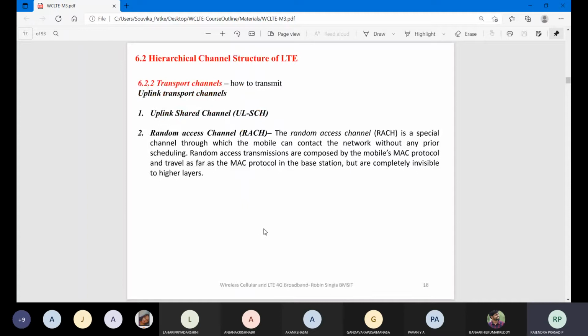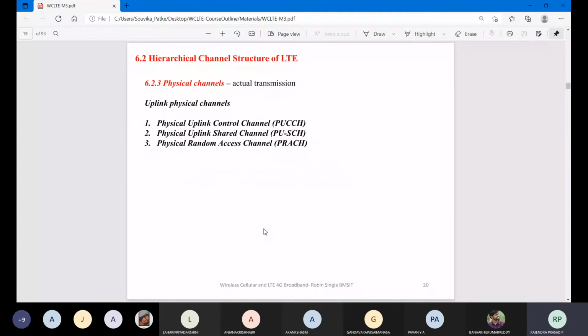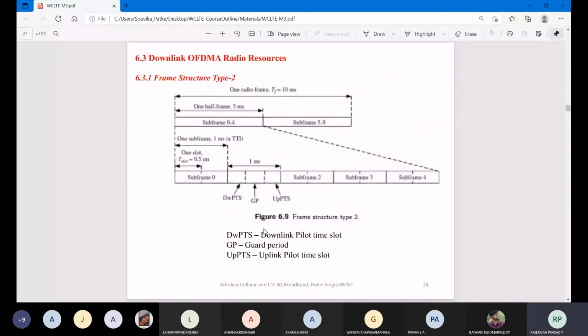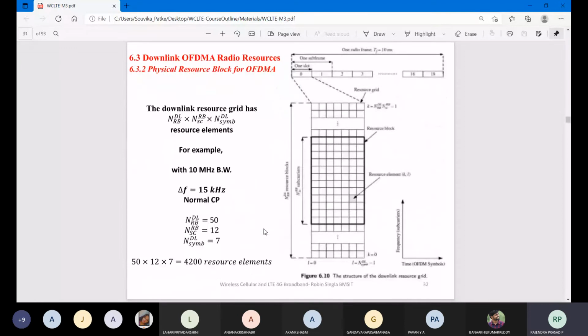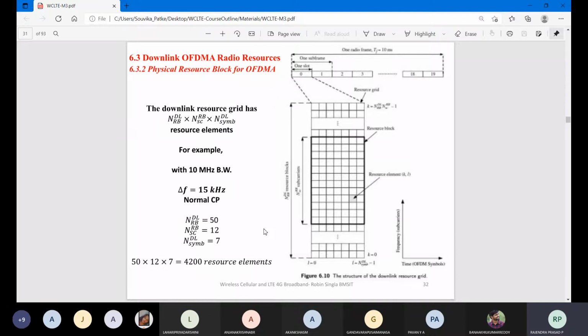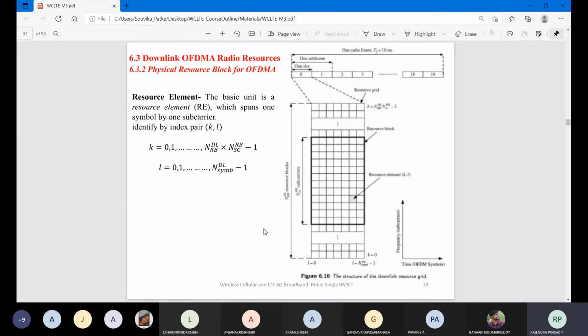Three types of channels we were discussing. This was what the resource channel will be, based on the downlink resource grid.